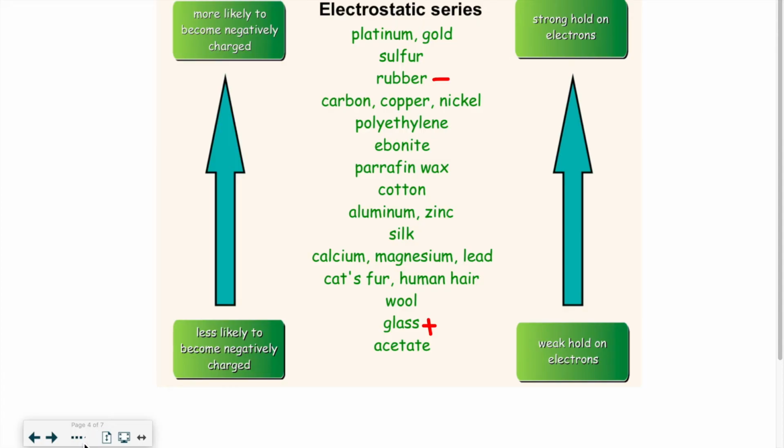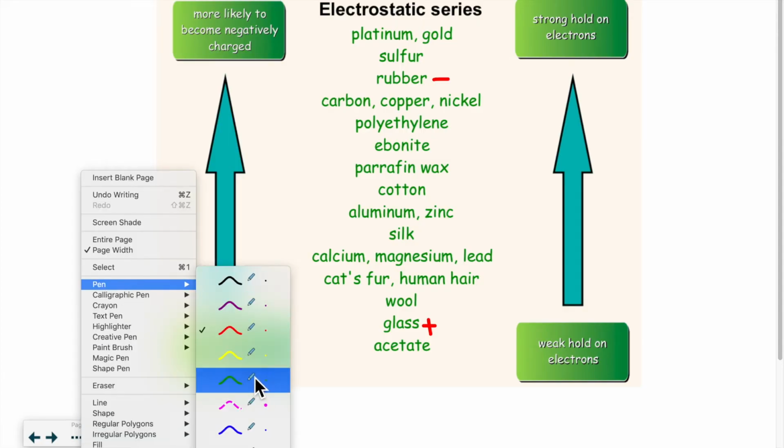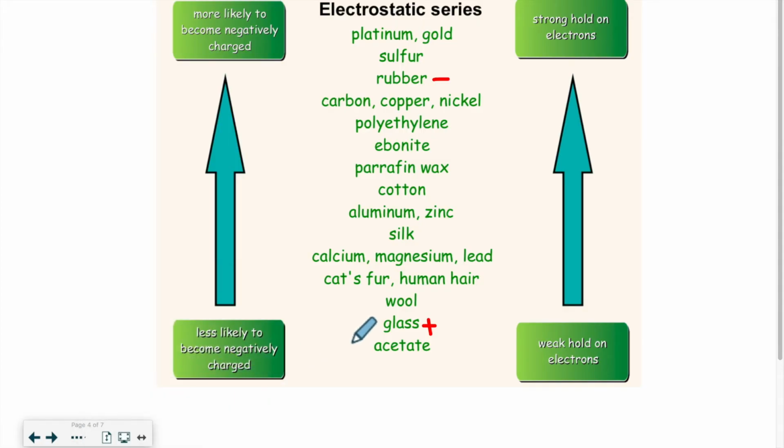Okay, if I went through another example and we said we're going to use silk and we're going to rub it with, I don't know, a piece of copper. Well, copper being closer to the top, copper would be negatively charged and silk would be positively charged after the fact.